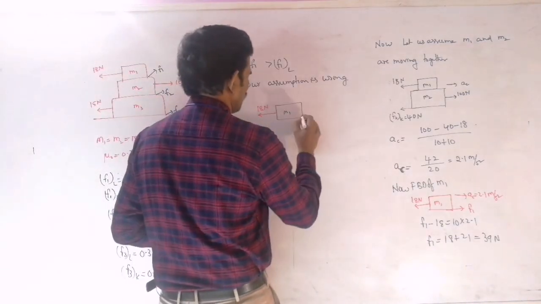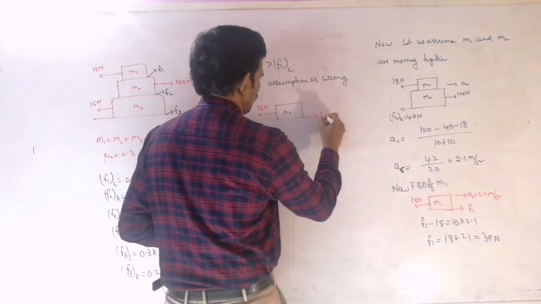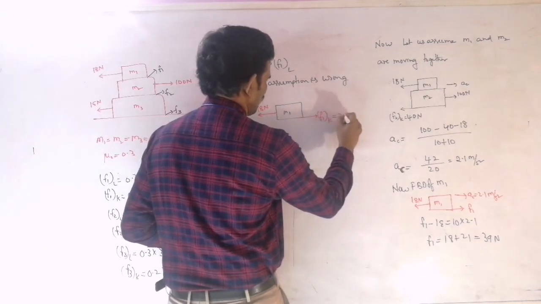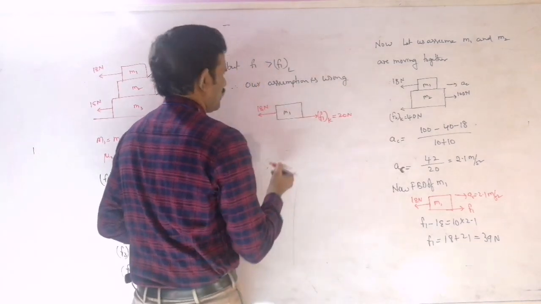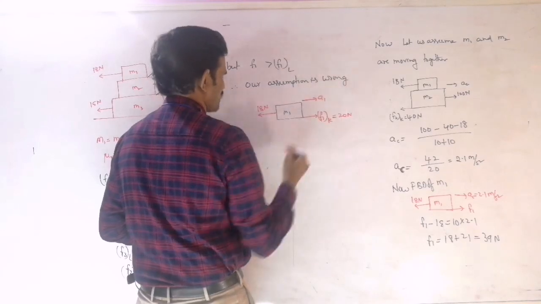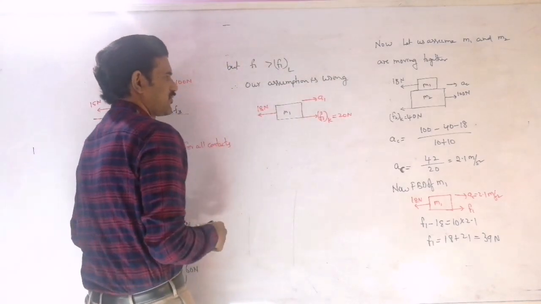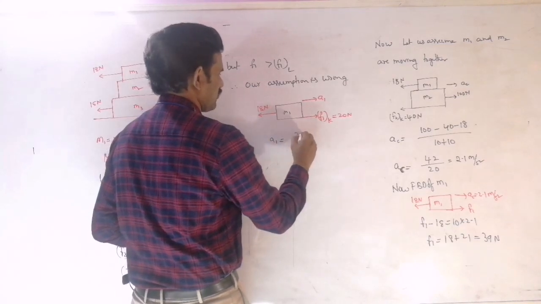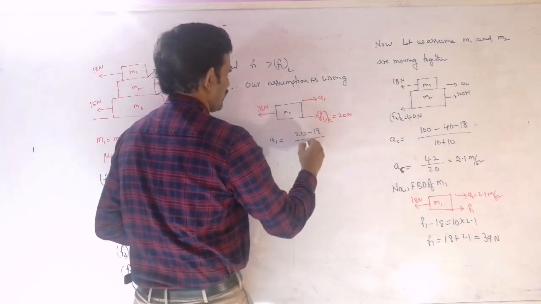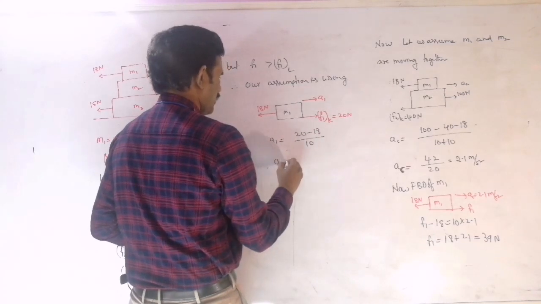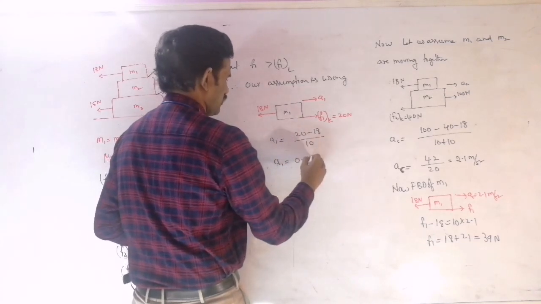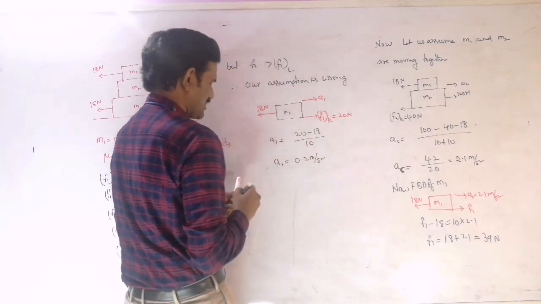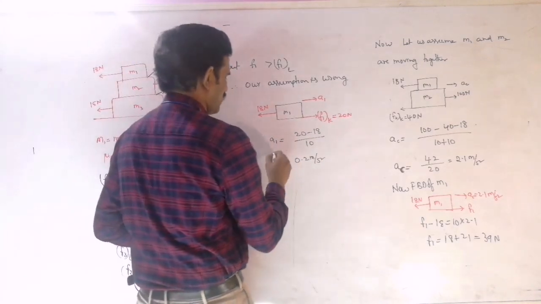So F1k is 20 newtons, acting in this direction, and M1 moves with some acceleration A1. Therefore A1 is 20 minus 18 by 10, so it is 0.2 meter per second square. This is the acceleration of the first block, M1.